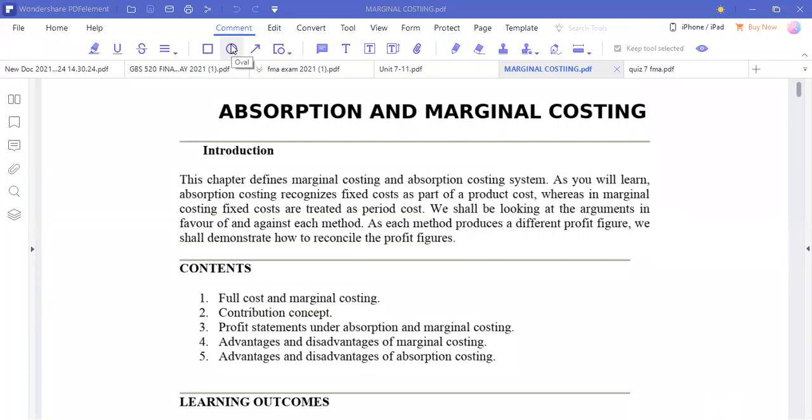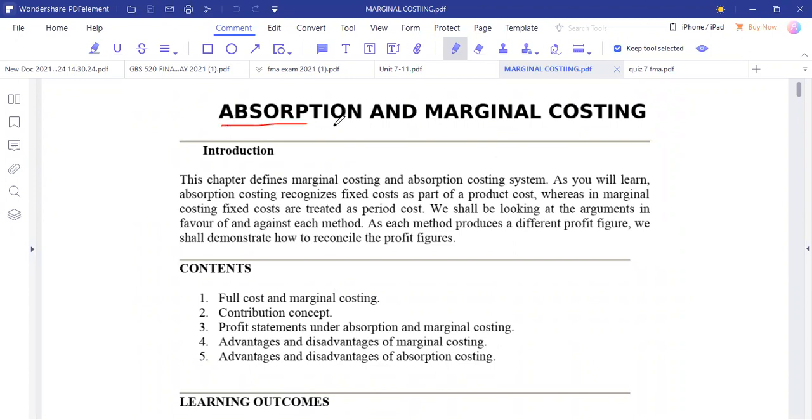Okay, we are now looking at marginal and absorption costing. Absorption costing is a costing where we account for the full product cost.